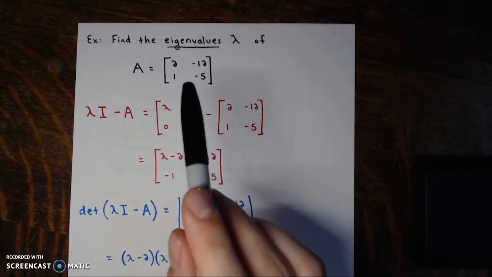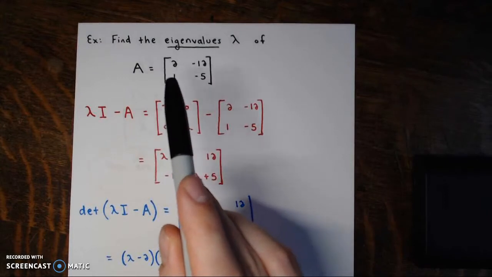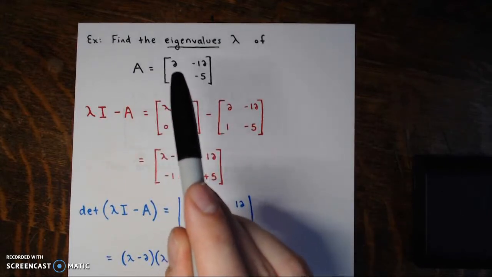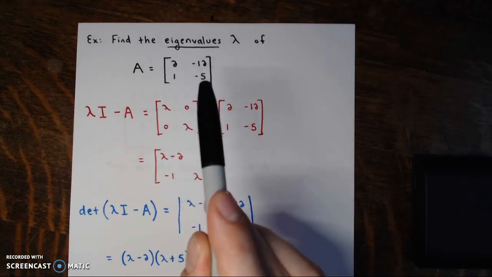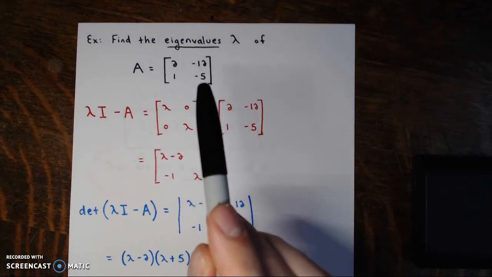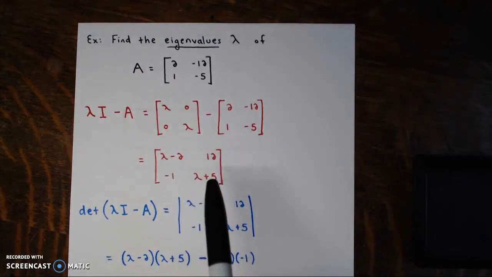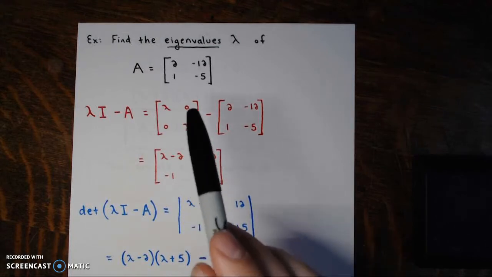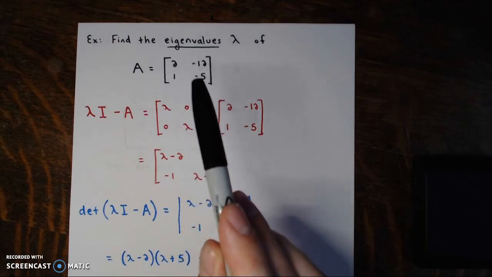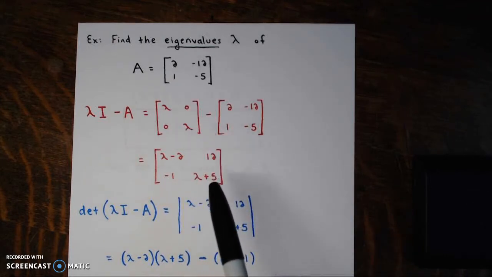And really, if you'd like to make that quick, just take the opposite of all the entries of A, negative 2, positive 12, negative 1, and positive 5, and then throw lambda minus in front of the diagonal entries. Or lambda plus, technically lambda plus negative 2, lambda plus negative 5.